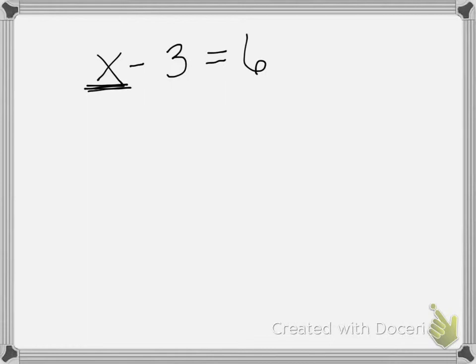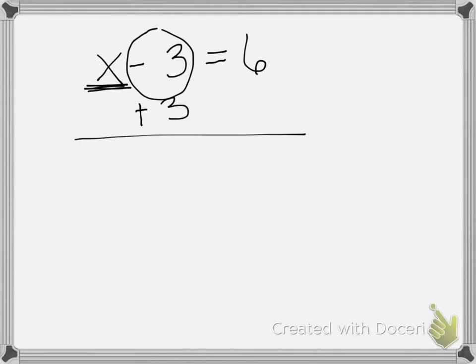So what I would do first is I know that I have to get rid of this minus 3. In order to get rid of this minus 3, I want to add 3 to both sides. The reason I would add 3, if you think about it, is negative 3 plus 3 is 0. So I got rid of it. Whatever we do to one side of the equal sign, I have to also do to the other.